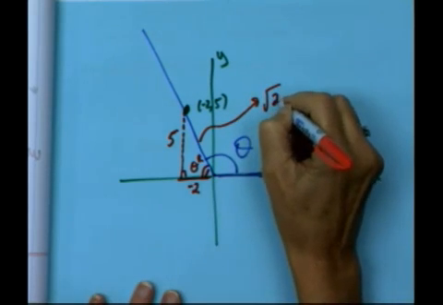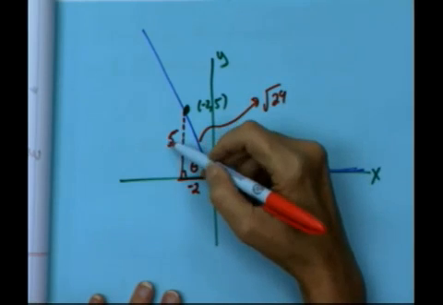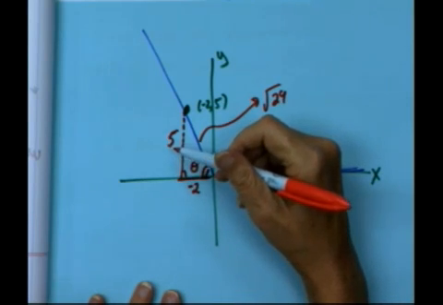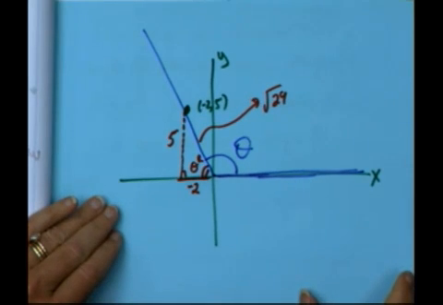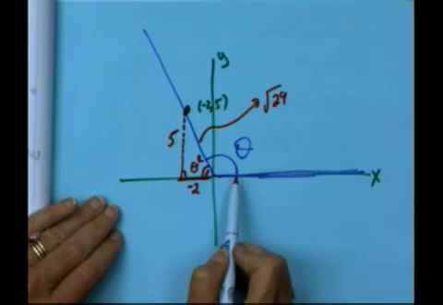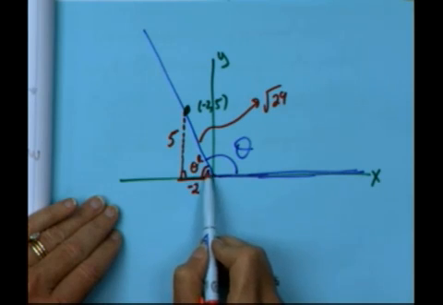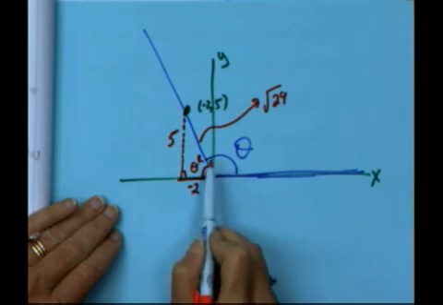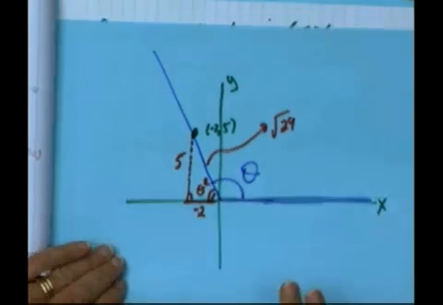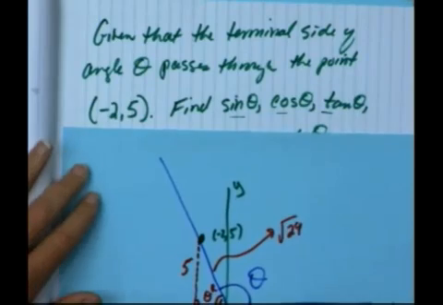Using the Pythagorean theorem, 2 squared plus 5 squared equals c squared: 4 plus 25, square root of 29. All right. So then theta is in the bottom right-hand corner. The reference angle is down here, but the question is really about this big angle theta that's right there. Okay, so let's answer some questions.